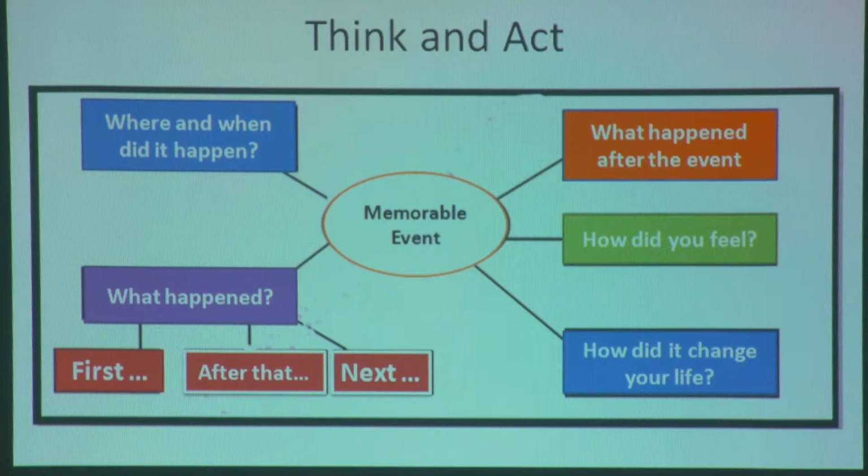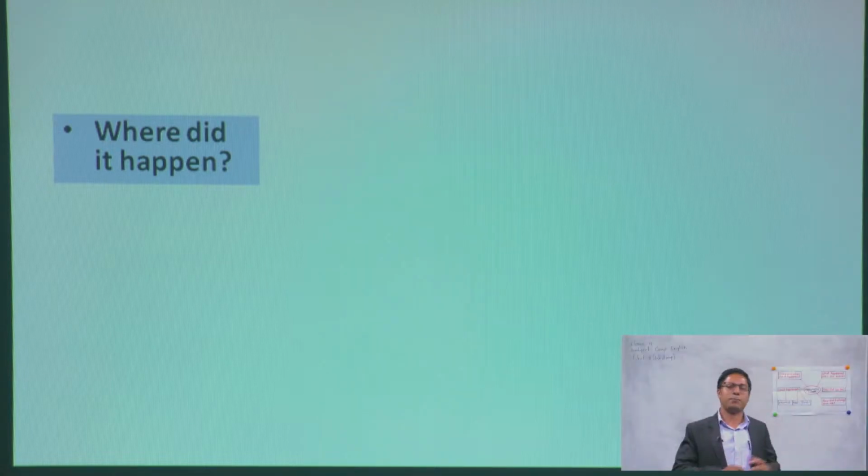The same chart is displayed here, but this time I'm going to tell you how you should deal with each and every question there. You also think about your memorable event and compare that with the one I'm going to present here. I have picked up one example for your help.